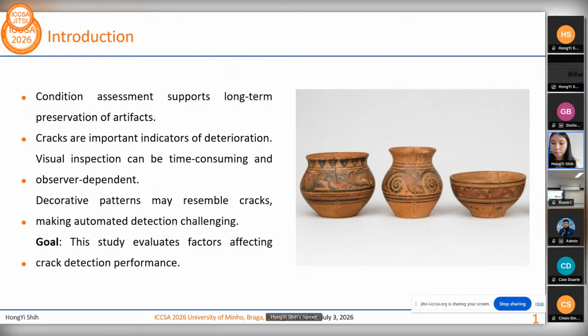However, decorative patterns on cultural heritage artifacts can look very similar to cracks and interfere with model detection. So this study identifies factors that affect deep learning crack detection performance under complex decorative patterns.